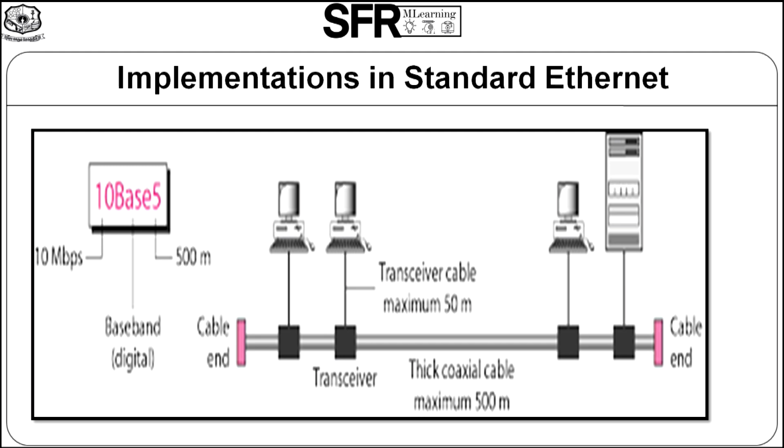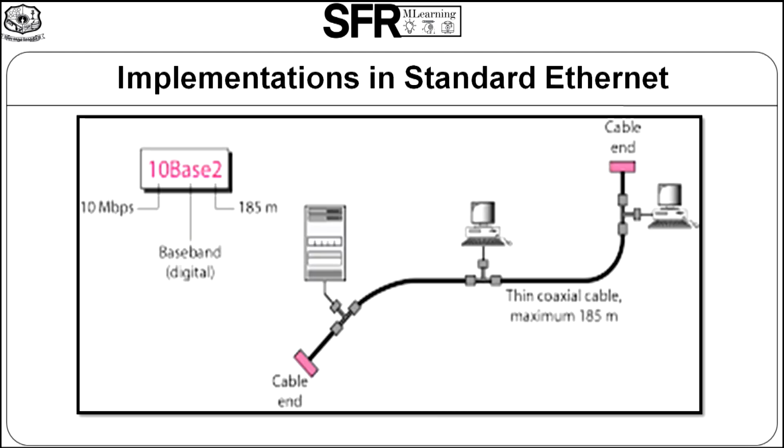For each connection, a transceiver cable will be used. For connecting the transceiver cable and the thick coaxial cable, a transceiver is used. The maximum length of the cable is 500 meters, and the length between the transceiver and the node is 50 meters.